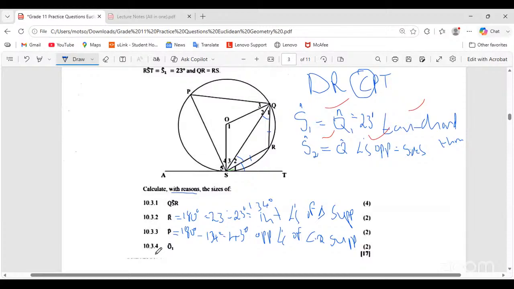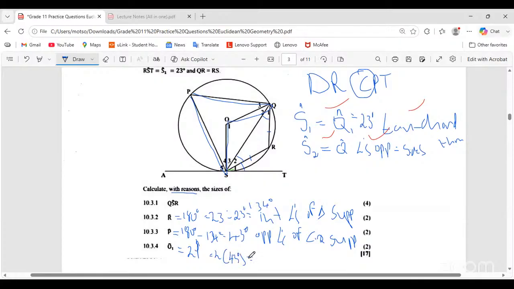10.3.4. We are now required to find the size of angle O1. This is O1, and O1 is at the center. Using theorem 2, angle at the center is 2 times angle at the circumference. Therefore, angle O1 is equal to 2 times angle P, which is going to be 2 times 43 degrees.